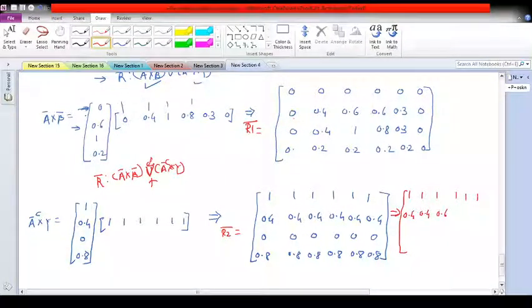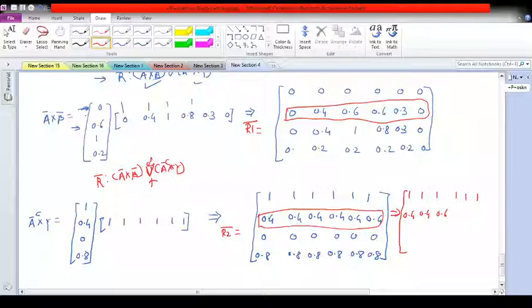Let us check the second row from R1 bar and second row from R2 bar. So 0.4 is max, 0.4 here max, 0.6 is max, then 0.6, 0.4 and 0.6.